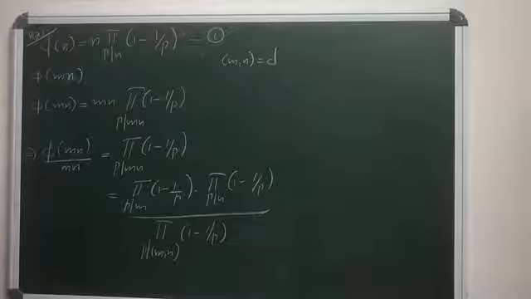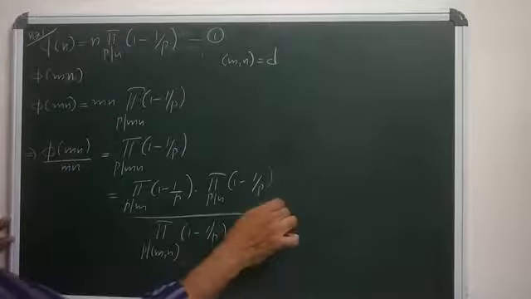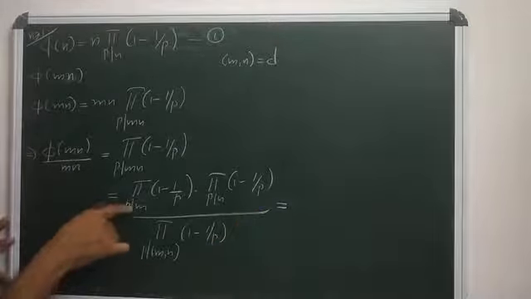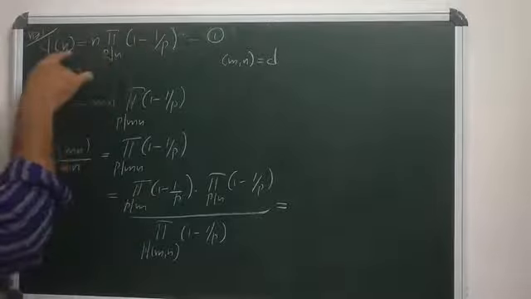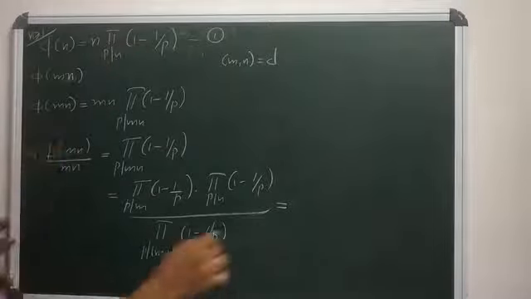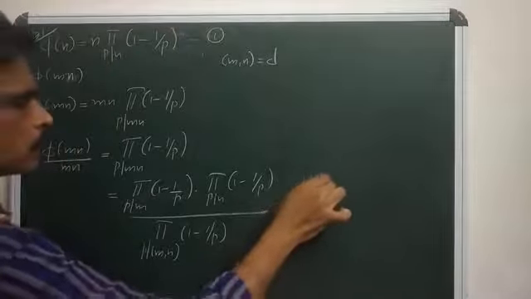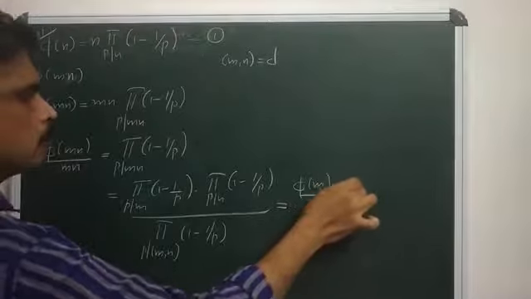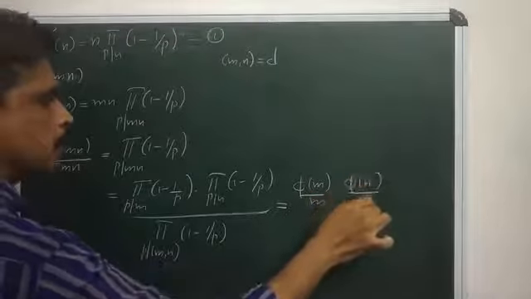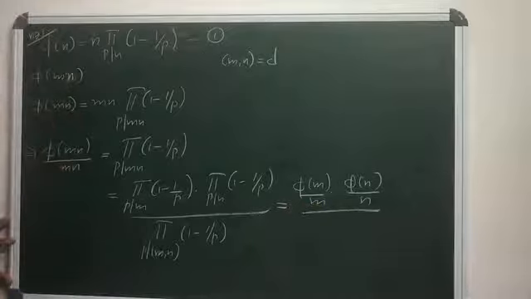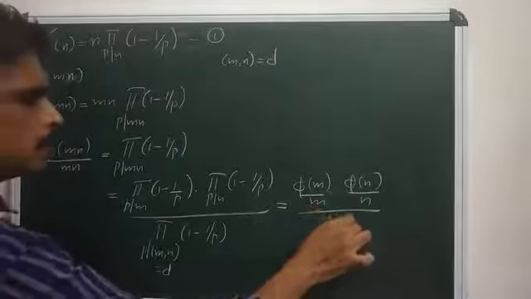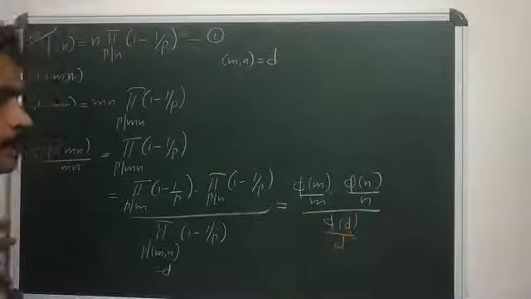Right. So the product over p dividing m of 1 minus 1 by p is, by definition, phi of m by m, into phi of n by n, all divided by the product over p dividing d, which, since p divides d, is phi of d by d.